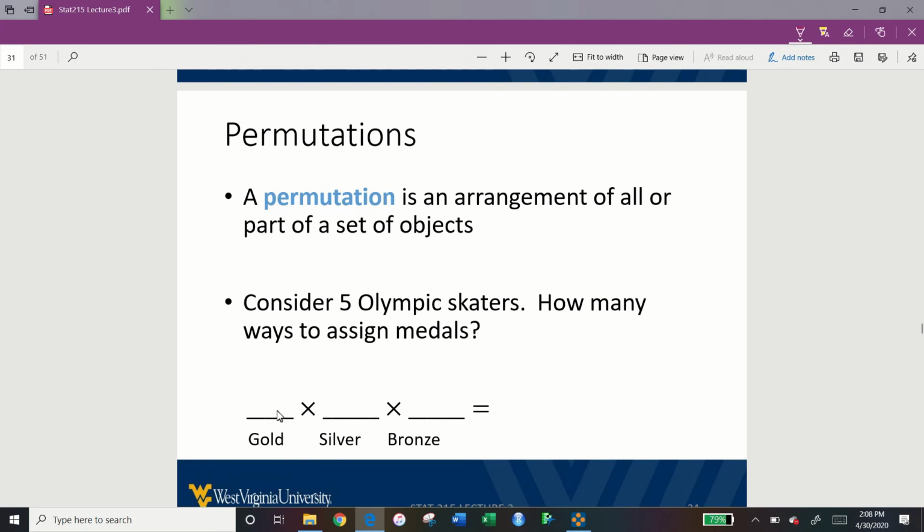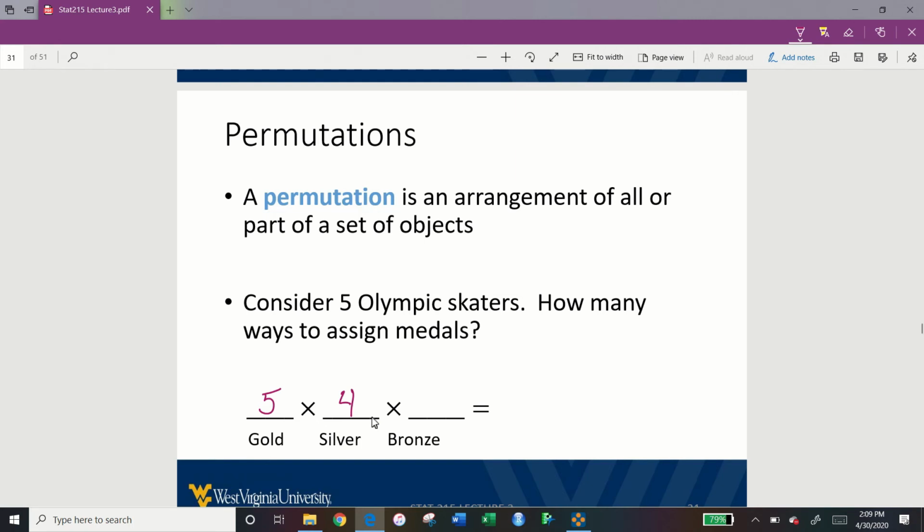The answer is 5. Once that first person crosses the finish line, how many people now have the opportunity to win the silver medal? Well, it can't be 5 because we already have 1 person who has crossed the finish line. So that leaves 4 individuals still left to try to get the silver. After that person wins the silver medal, we have 1 person in gold and 1 person in silver.